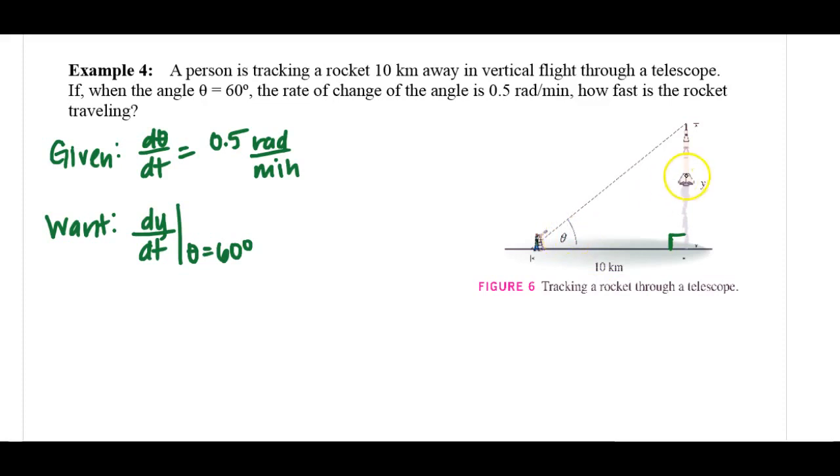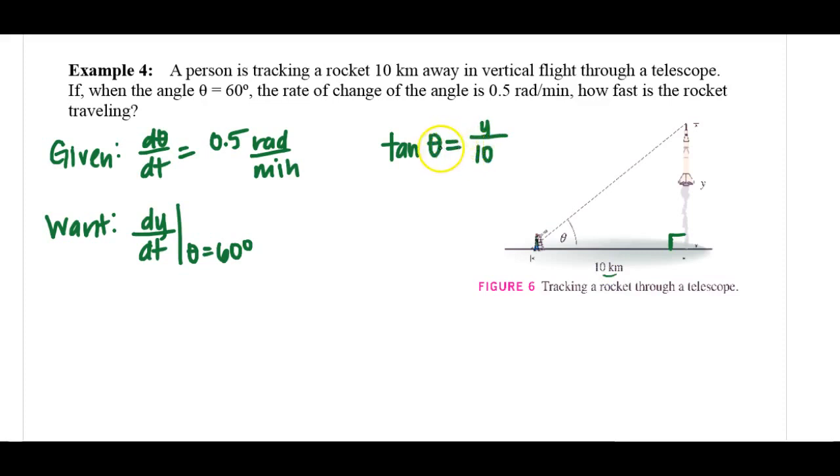Opposite over adjacent is the tangent function. So the function I'm going to use to relate the variables is tangent theta equals opposite, which is y, over adjacent. We could give this a variable name, but this is unchanging, so I would replace it with the unchanging quantity 10 anyway. So let's just put y over 10.